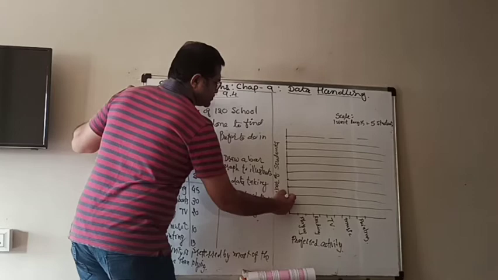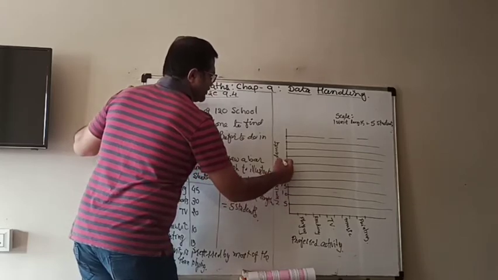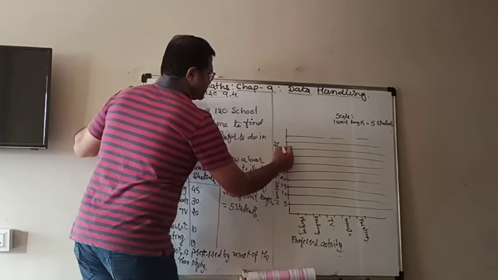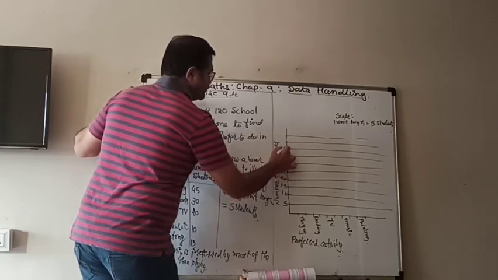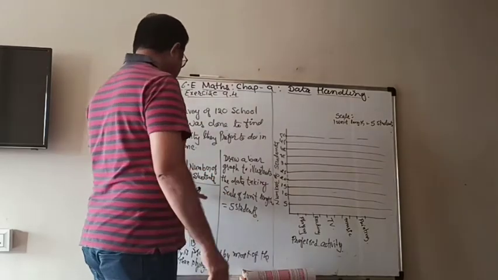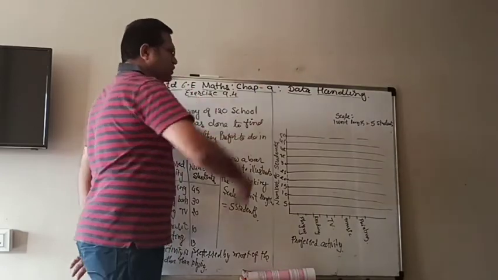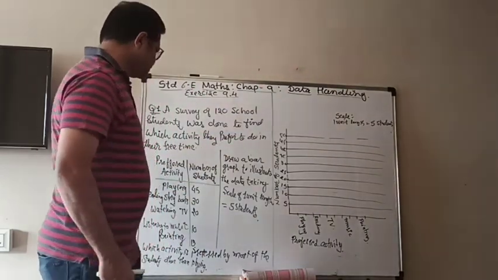Here 1 unit is just 1 centimeter. So that is equal to 5 students. So 5, 10, 15, 20, 25, 30, 35, 40, 45, 50 and so on. But the highest value is 45, so it's not necessary to go beyond that.